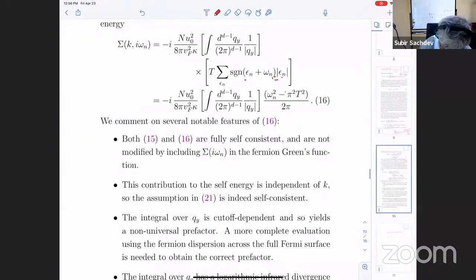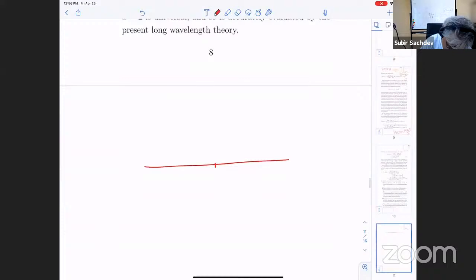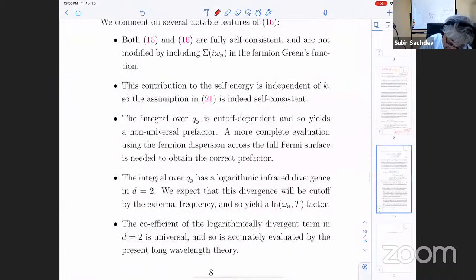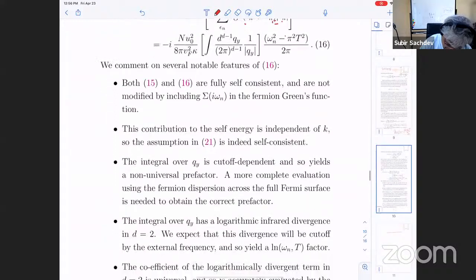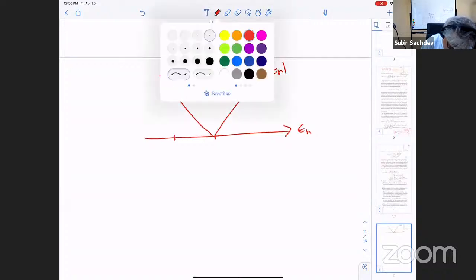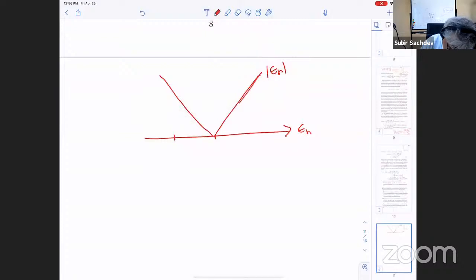So we plot epsilon_n, and I plotted mod epsilon_n, and then I multiplied by sign of epsilon_n plus omega_n. So if omega_n is somewhere over here, it's going to change sign there. So the actual function I'm summing over is this function.